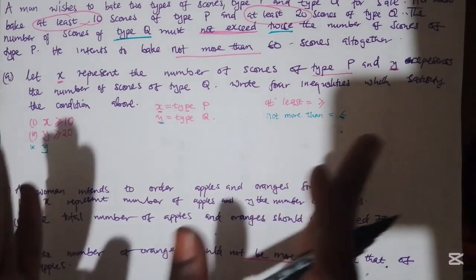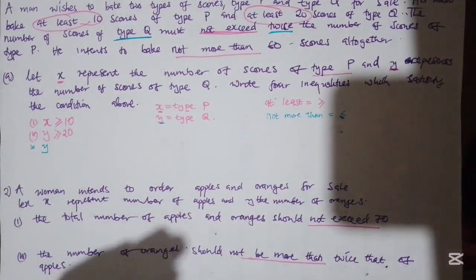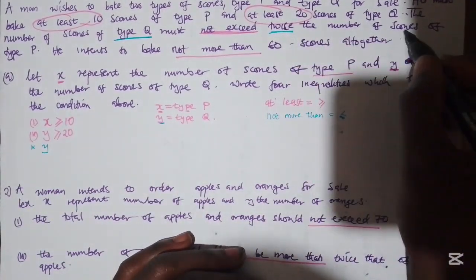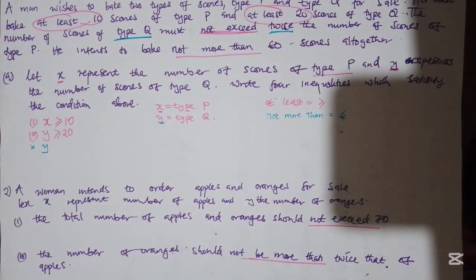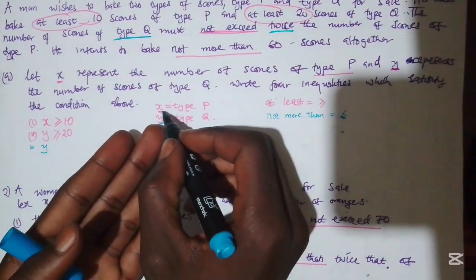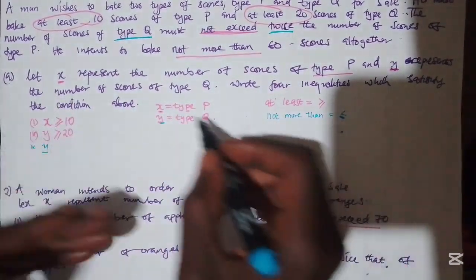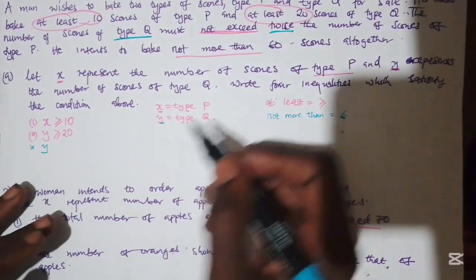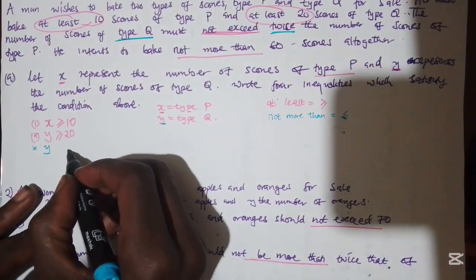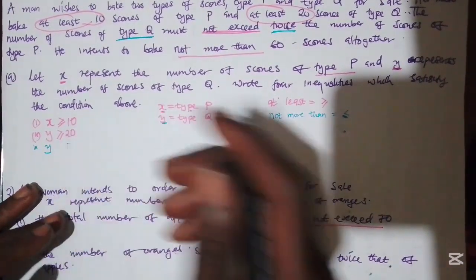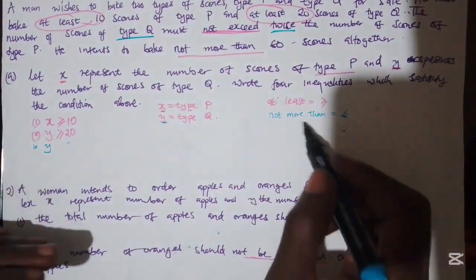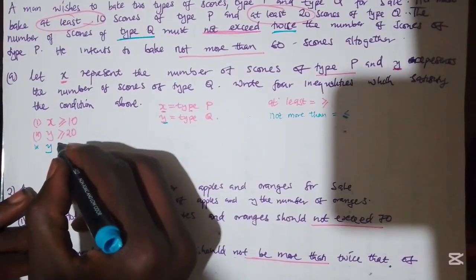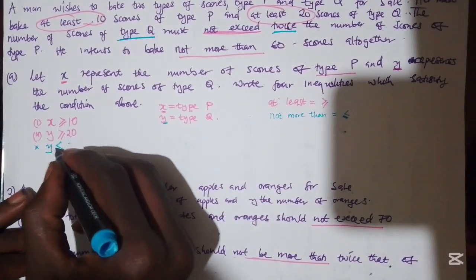What type are they talking about? They are saying twice the number of scones of type P. Then what letter is type P? Type P is X. First you say must not exceed. Not exceed means less than or equal to.